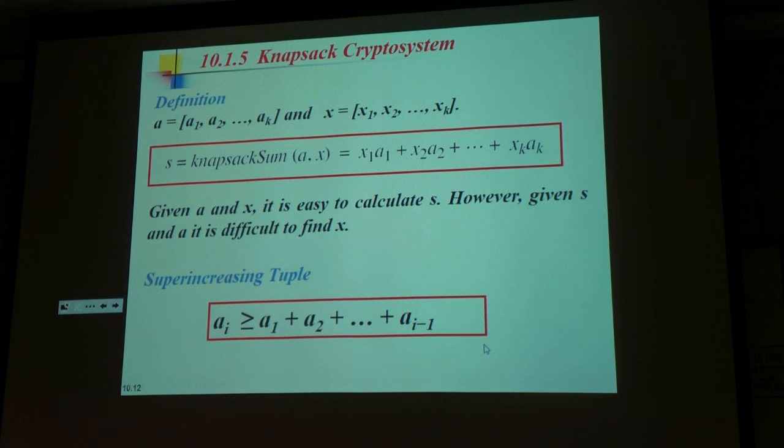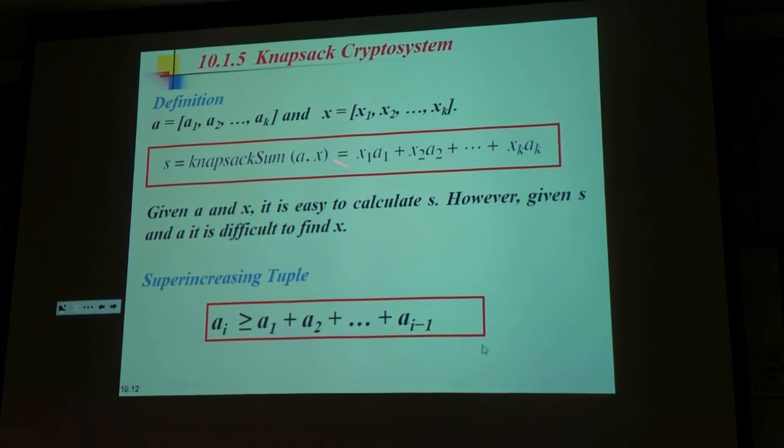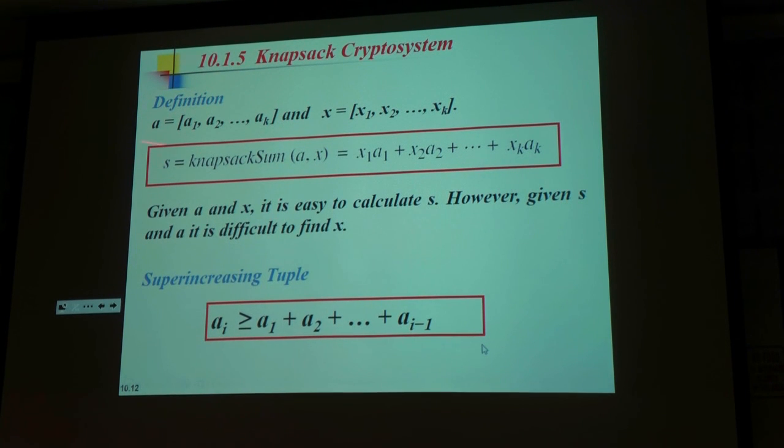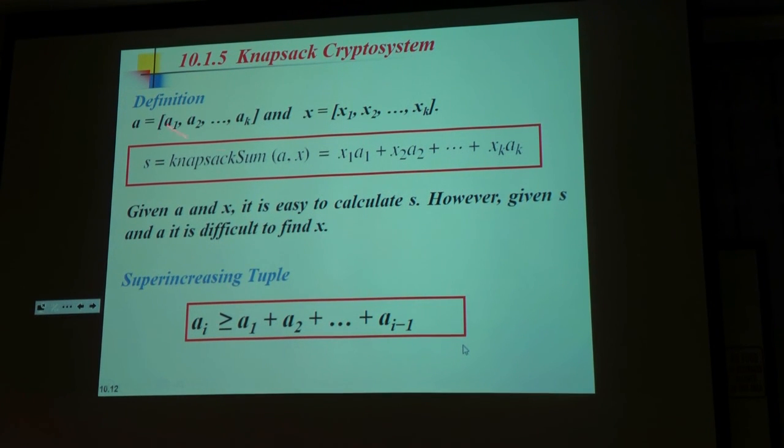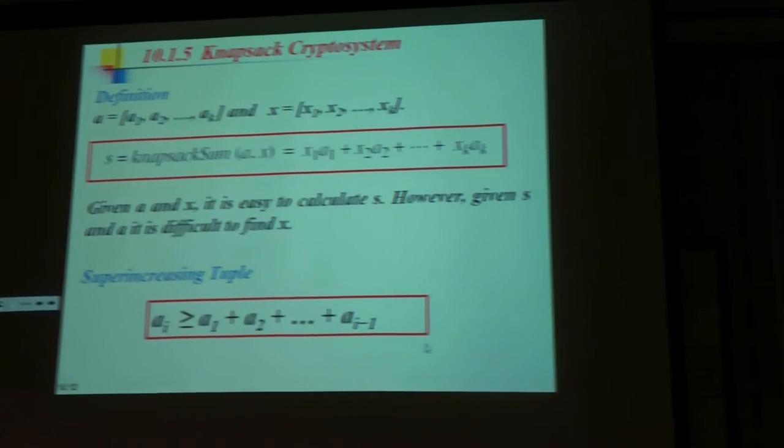So what is the size of A? It's K digits, for example, and here is K. To calculate the knapsack, for A and X, we multiply and add. A1 times X1 plus A2 times X2, until the end. The X's are digits 0 and 1, so either 0 or 1, and A could be any digits.